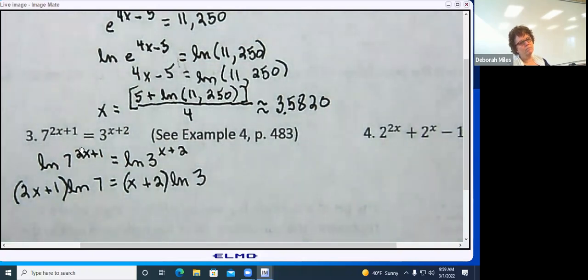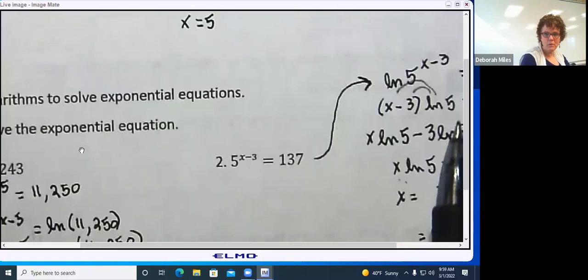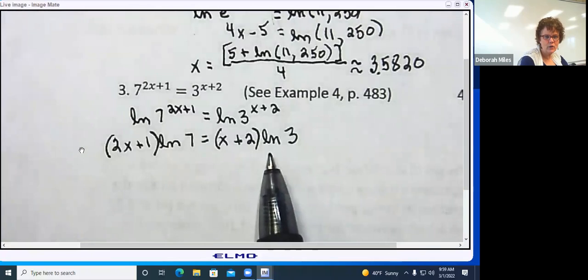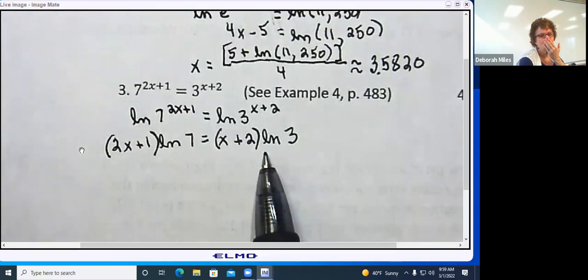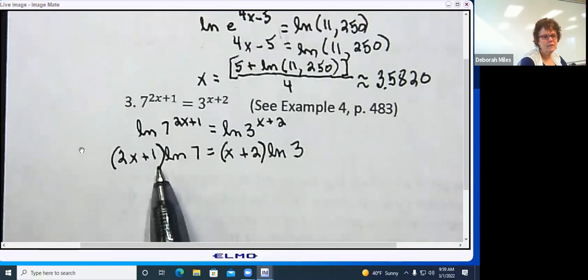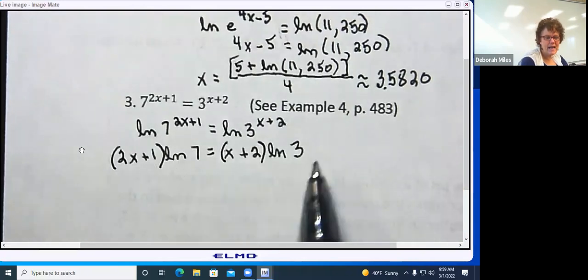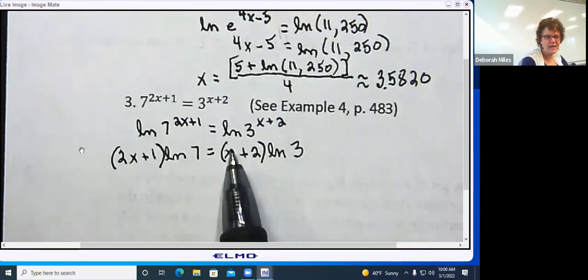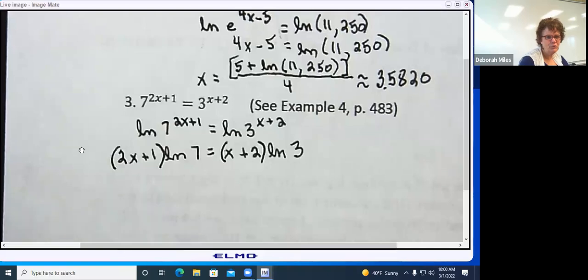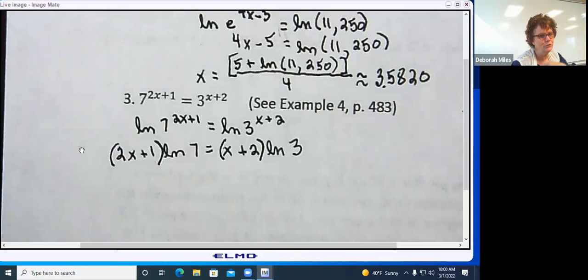Now, Dominic, the reason that what you did on the last problem was perfectly okay, but would be less helpful here, is if you divided both sides by natural log of 7 and divided both sides by x plus 2, it just wouldn't look as clean as what you had on your third step on number 2.